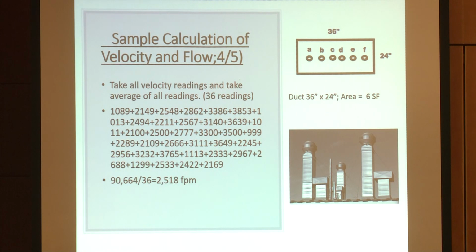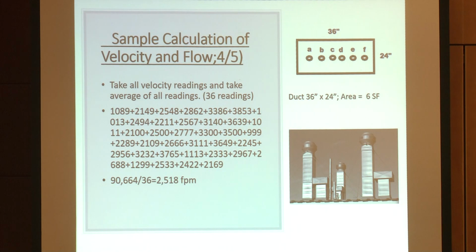Now, when you use a TAB automatic computer, which is what most companies have, it does it automatically. You don't have to sit there with a calculator. But if you don't have that and you have a simple little pitot tube, you're going to make all these measurements, write them down, and take the average.